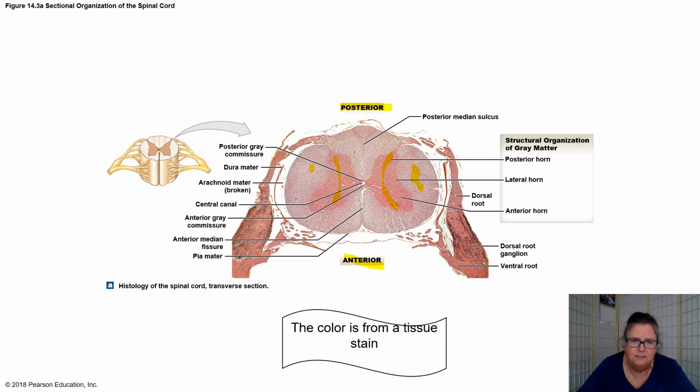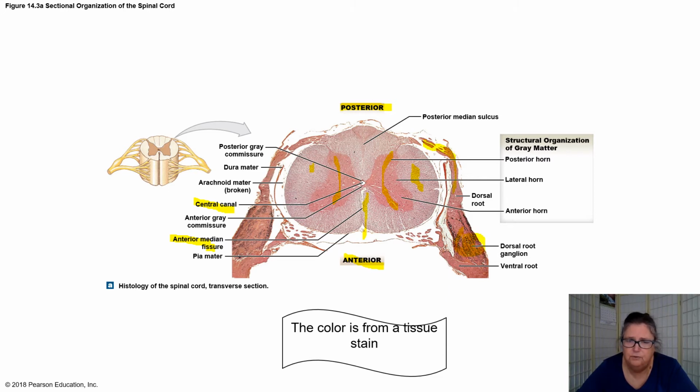You notice that the anterior median fissure goes almost to the central canal. So the central canal is right in there. Okay. So this cross section is through an area where the roots are coming out. There's our dorsal root.